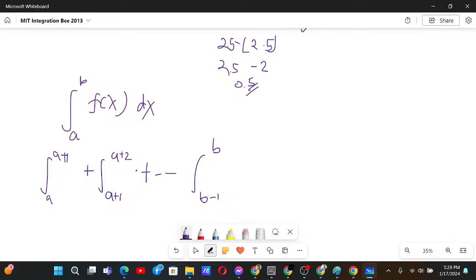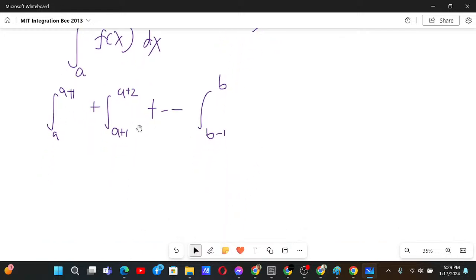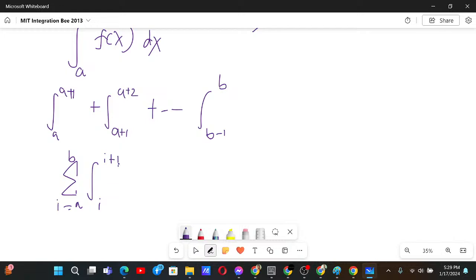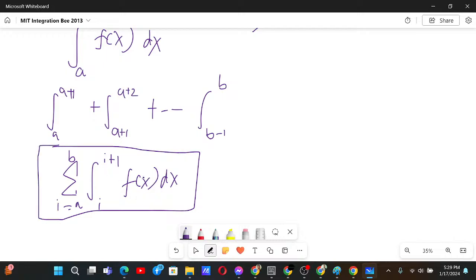We break these integrals basically in each unit step. This can be written as sum going from i equals a to b of the integral from i to i plus 1. So it goes from a to a plus 1, a plus 1 to a plus 2, a plus 2 to a plus 3, and so on up to b minus 1 to b of f of x dx. So this is one of the techniques involved while dealing with fractional parts and g functions.